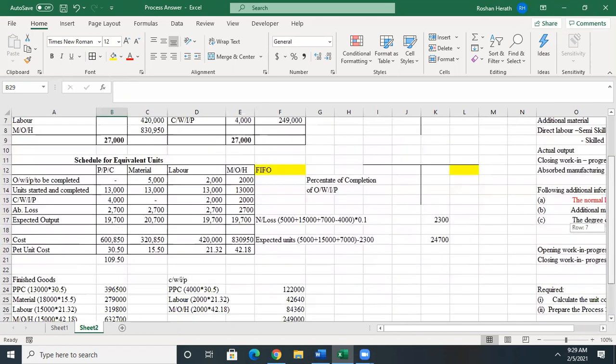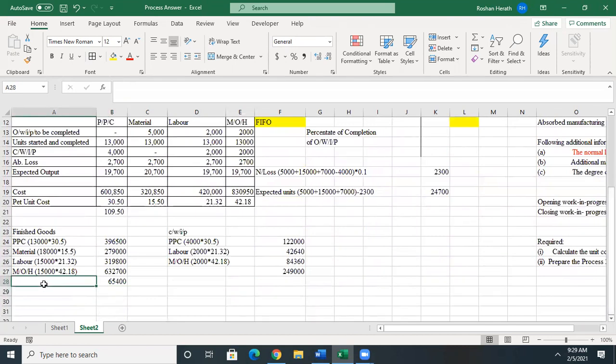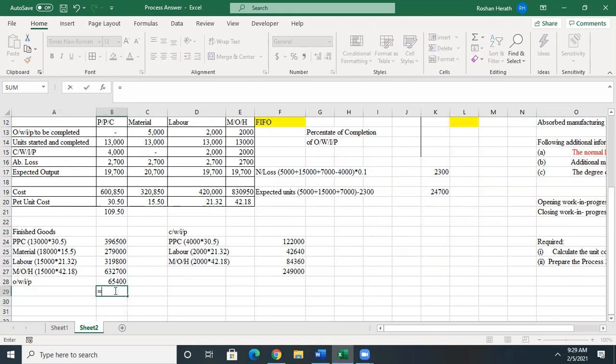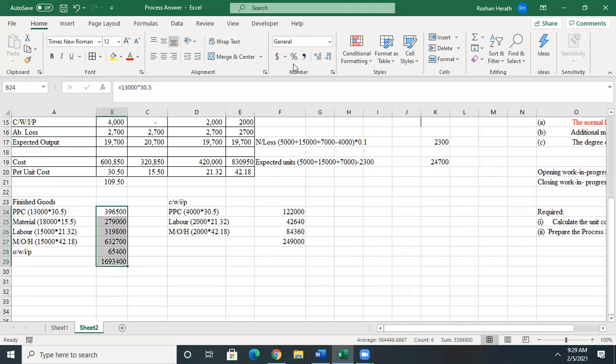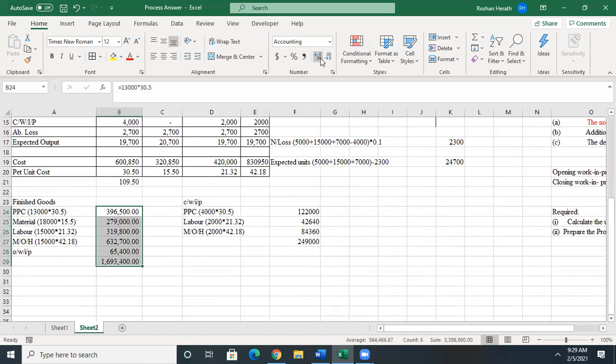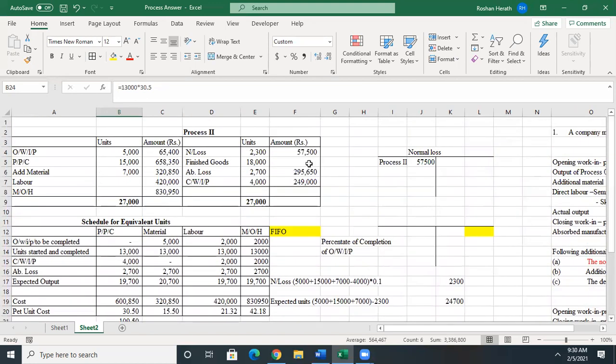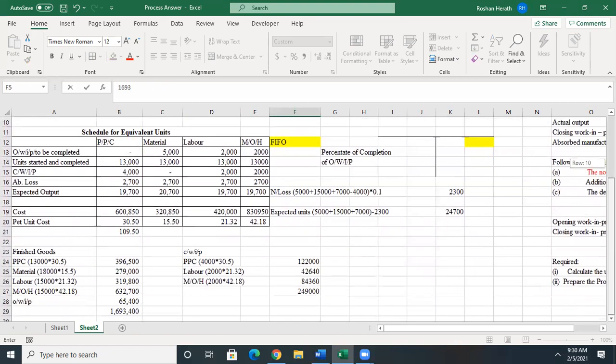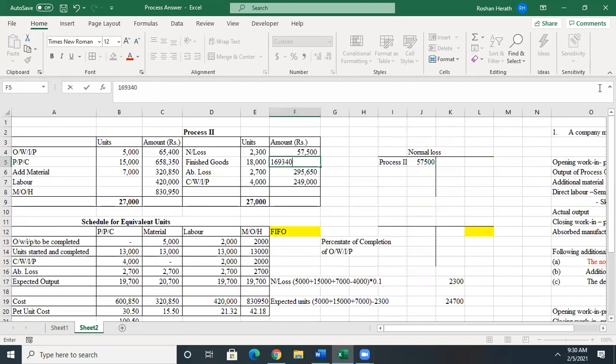You take the bulk amount 65,400 that comes from opening WIP. So that is going to be the value of closing stocks. 1,693,000. This is it. 693,400.